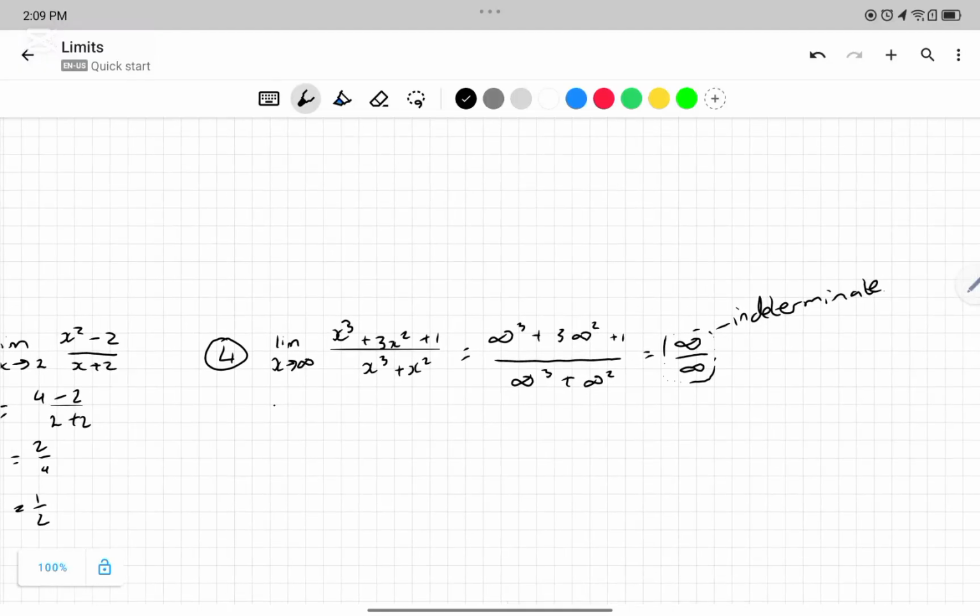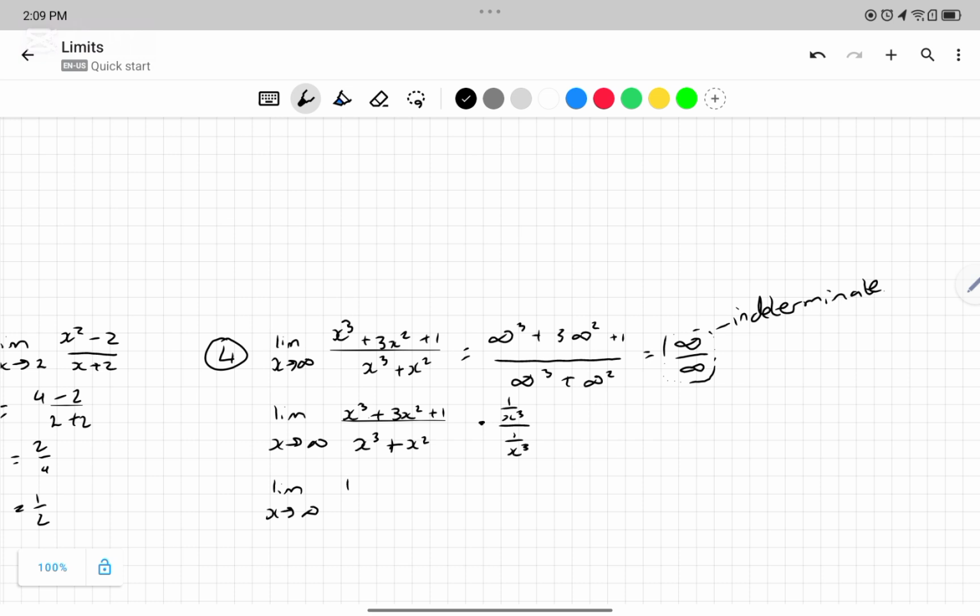What we're going to be doing is multiplying by the inverse of the highest power of the denominator. Since we have x cubed, multiply 1 over x cubed over 1 over x cubed.